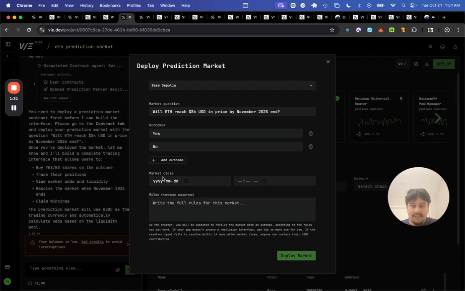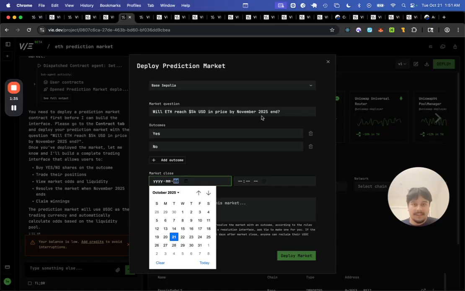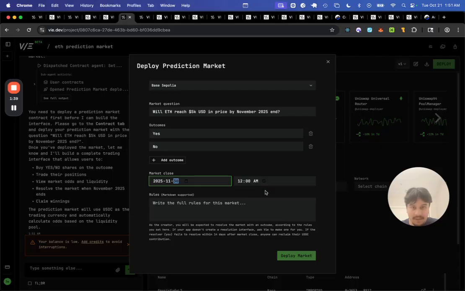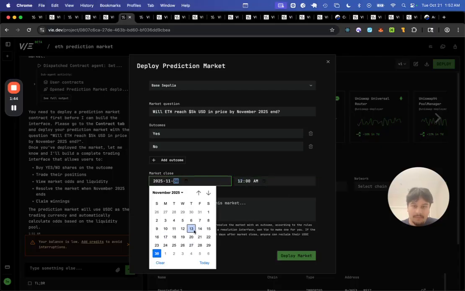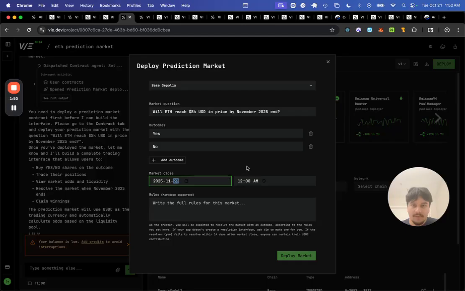And we just have to set a market close time. So this is pretty important. So since it's by November 2025 end, let me set it for November. Well, let me set it for maybe 1 week before. So November 23rd at 12 a.m. That's fine.